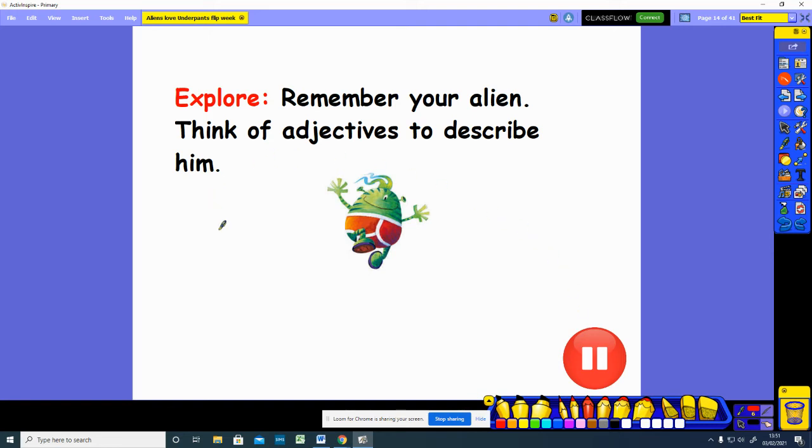Okay, let's see. So I'm going to describe this alien. This alien is green. So I'm going to write green as one of my describing words. Let's use my Fred fingers to help me to write green. Green. That's 4 phonemes in green.